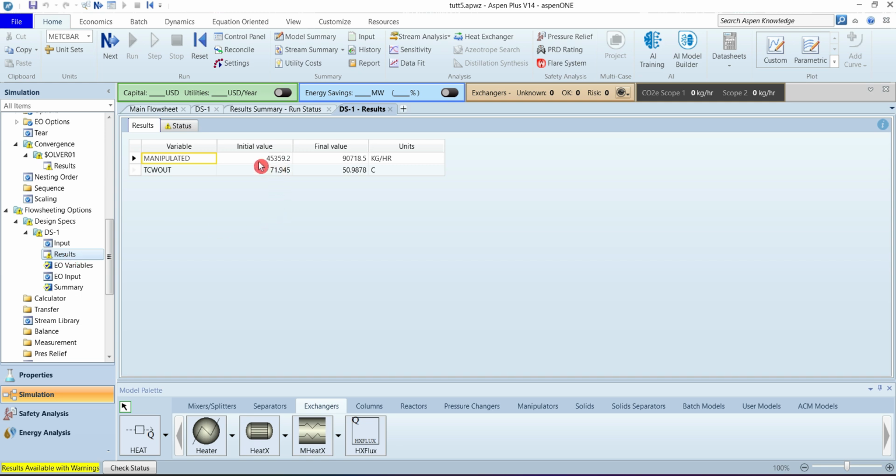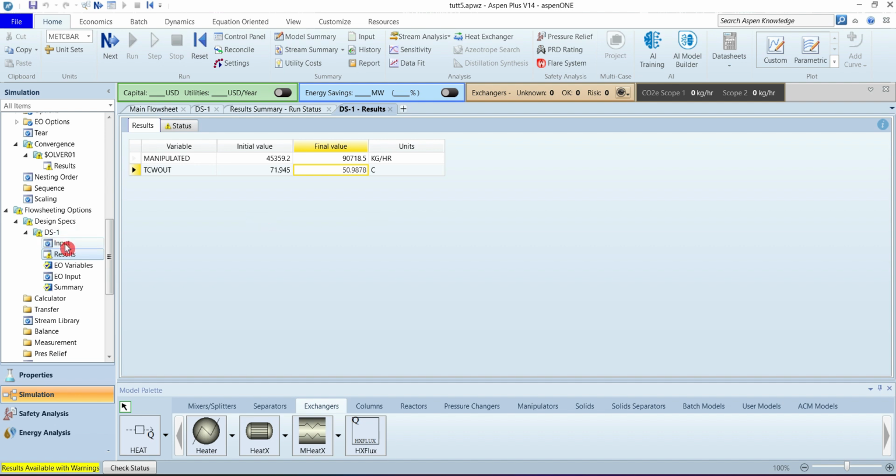So we started with 71.9 degrees Celsius where the flow rate was 45,000 kilograms per hour, and it used the maximum flow rate of 100 tons per hour, that is close to 95,700 kilograms per hour, and we ended up with only 50 degrees Celsius. So that means we are clearly lying outside the upper limit. We have to increase the upper limit.